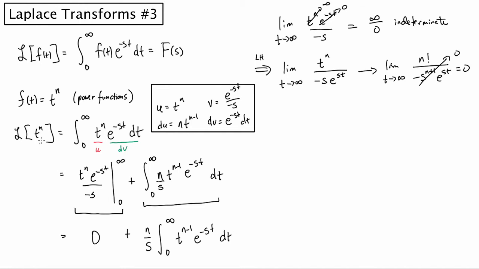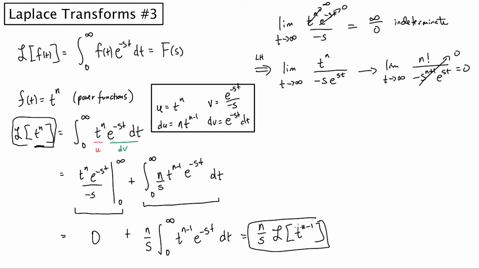We took the Laplace transform of t to the n, which looks like this, and instead we have an integral that's t to the n minus 1. We managed to reduce the power of the function by 1. So another way to write this is that this is n over s, the Laplace transform now of t to the n minus 1. So this is sort of a reduction formula, a way of reducing the power of a function.